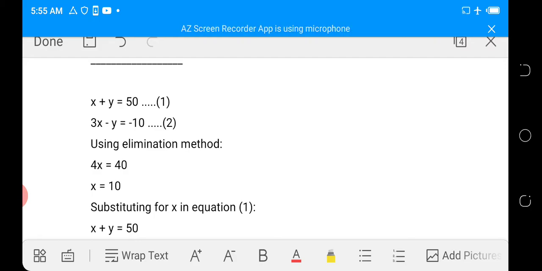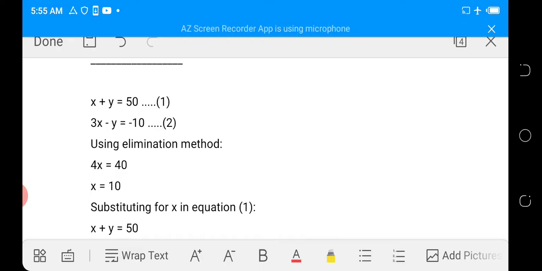And remember, we represented son's age with x. And the fact that x is equal to 10 is telling me that the son's age is 10 years. Now, let's get the value of y. Since we know the value of x to be 10, we now substitute this value into either of the two equations. And remember, the rule is to always go for the simpler equation.